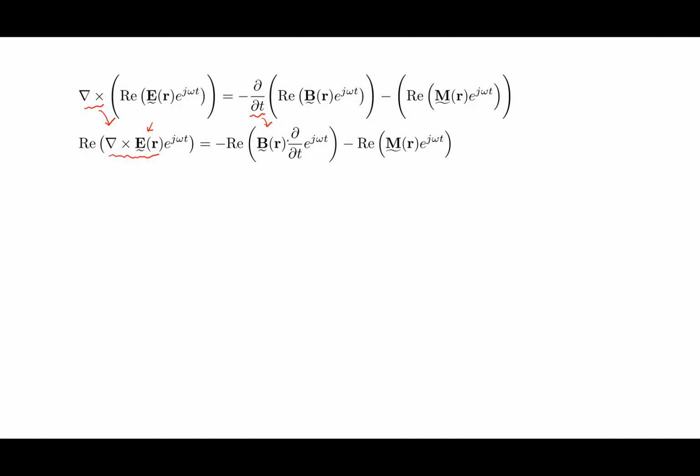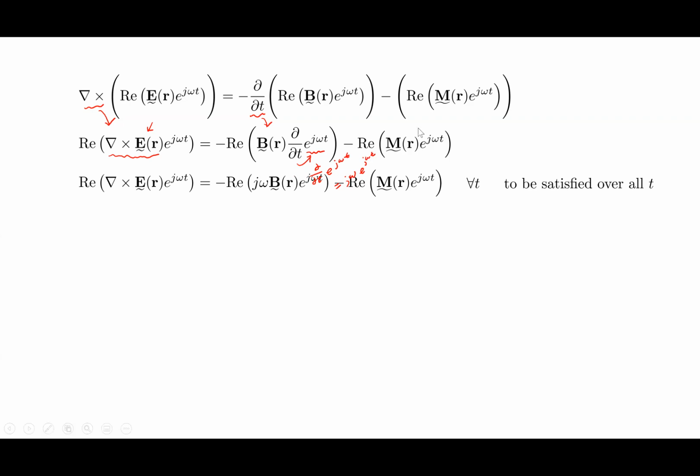And this time derivative only acts on the exponential j omega t, because it is only a function of time. And the time derivative of the exponential j omega t is just j omega exponential j omega t.